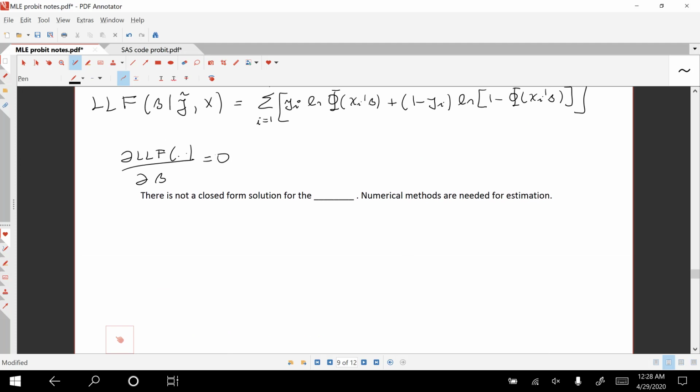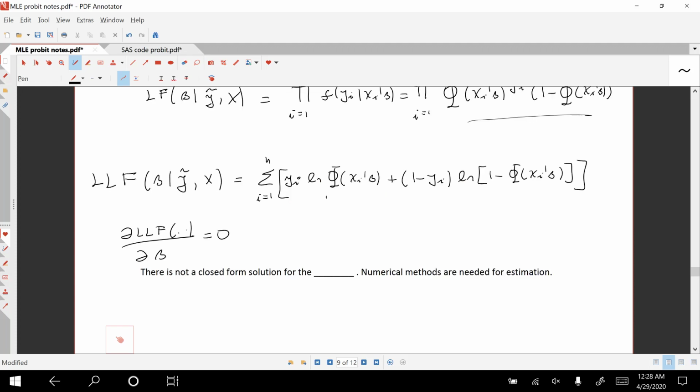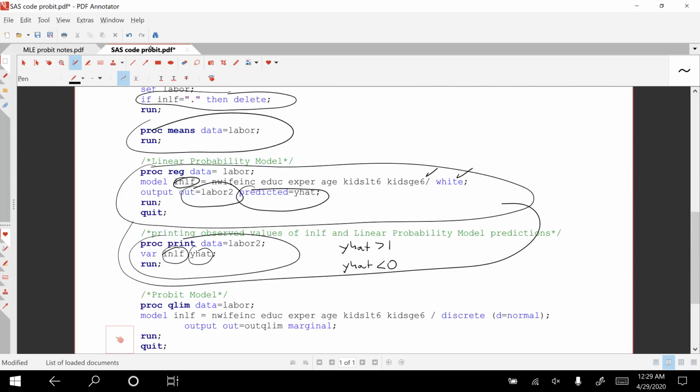But there is not a closed form solution, like in the simple example that we looked at when we were talking about the theory of maximum likelihood estimation. So numerical methods are needed for estimation, and that's what software does for you.